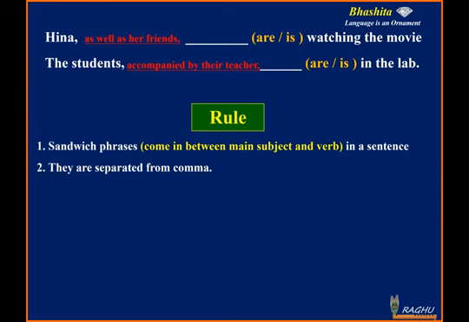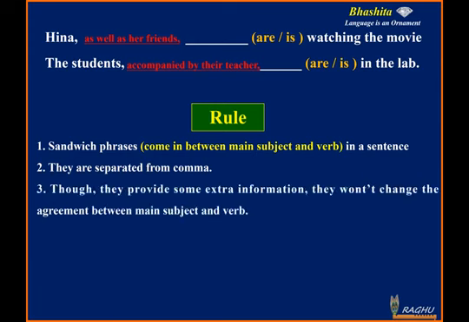So you might have understood what is meant by a sandwich phrase. A sandwich phrase comes in between the main subject and the verb in a sentence. Generally, they are separated by commas. But how is this rule related to the sandwich phrase? Let me explain that.